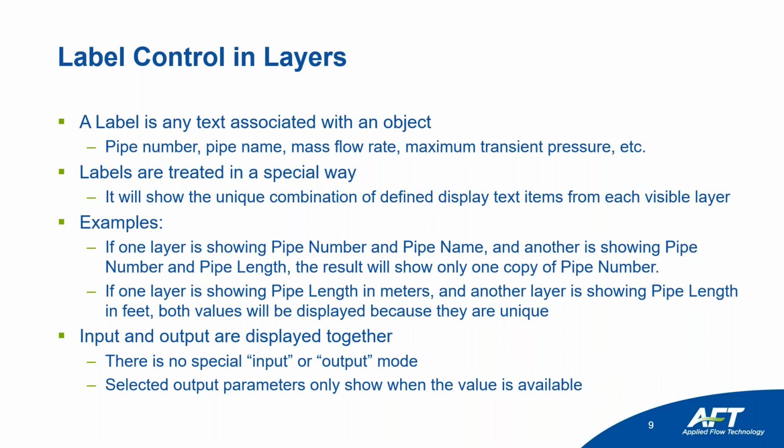There's no special section for input and output. Selected output parameters only show when the value is available. If you have not run the model, the output parameters will not be available. They will be listed, but they will not be shown.